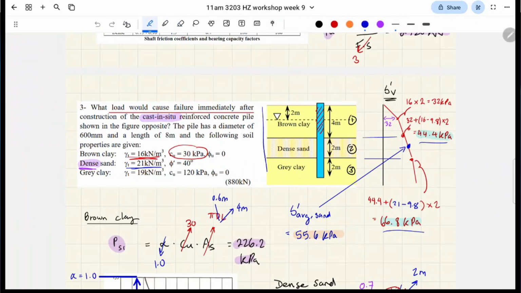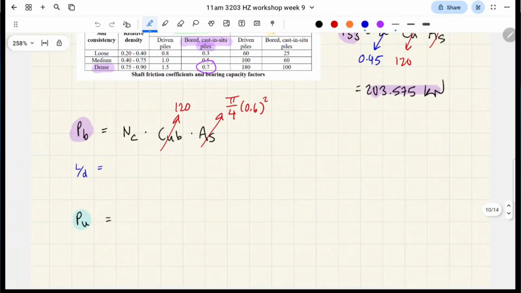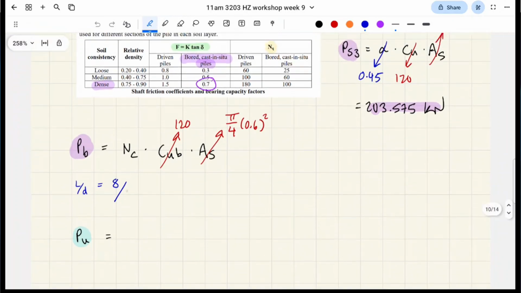So L is going to be 8. This is the slenderness ratio for the entire pile, so it's the entire pile that's subject to buckling, essentially. And our pile diameter is 0.6. Keep in mind that should be in meters. That gives us 13.3.